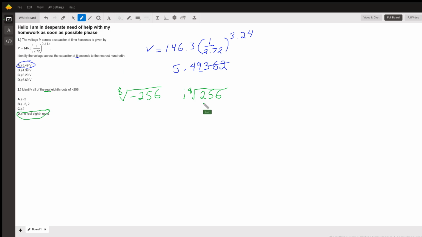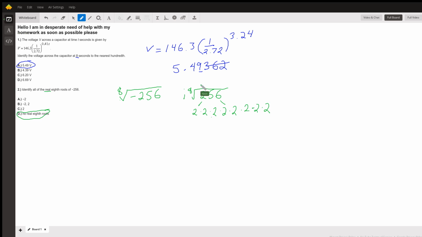Now, if you were to factor this out into its smallest units, you would get 2 times 2 times 2 times 2 times 2 times 2 times 2 times 2. Factor out to 8 2's.